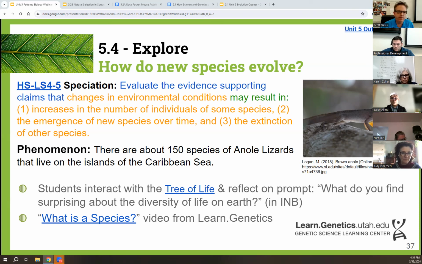There's a couple of different speciation labs that I feel like are floating around out there. We have this one. I've also done a version of this involving the California salamander lab, where they look at an actual map of California, and it's a paper pencil type activity.